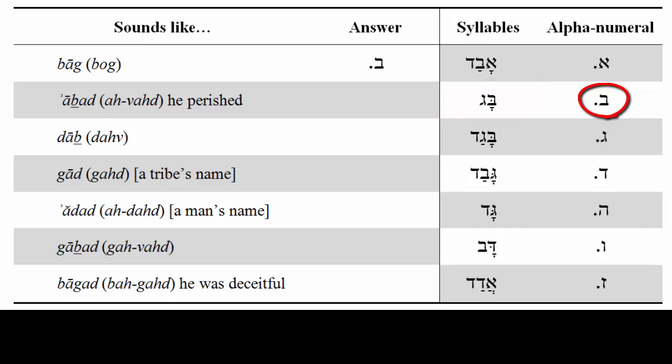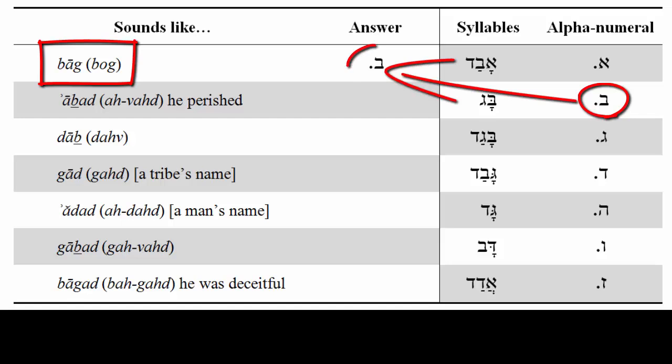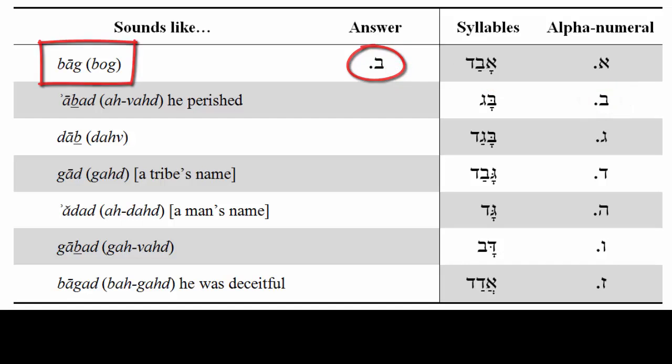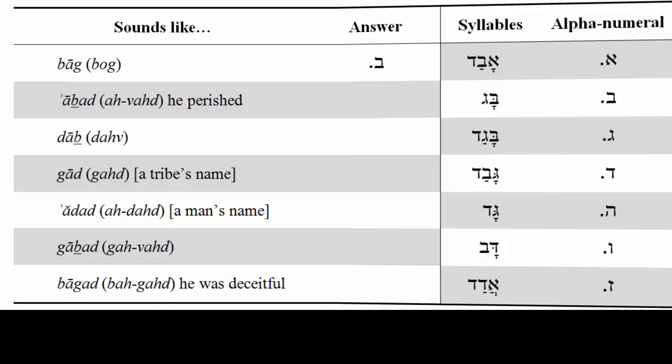In the list on the far left, you will find that the first word, bag, offers that same sound, and for that reason, the letter beit, representing bag, is entered in the answer column. Continue with the remaining words matching Hebrew script with English transliteration.